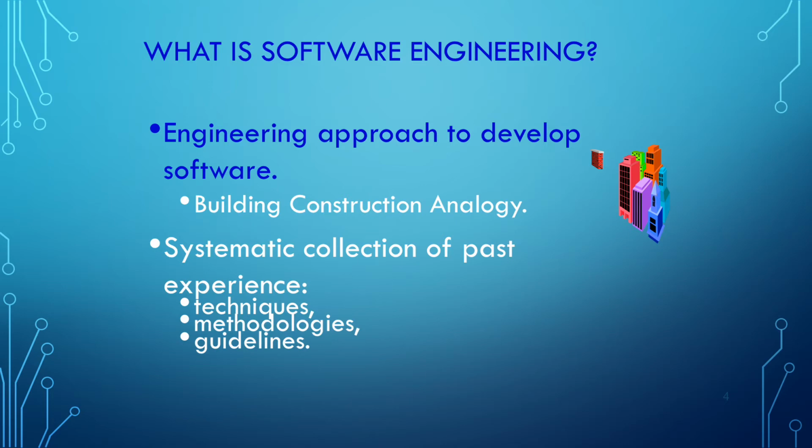That is why it is called a systematic collection of past experience, which I have already told you: a certain approach is decided based on past experiences. Experience includes techniques, methodologies, and guidelines. All three things are considered, and one approach is followed, and that is called the engineering approach. Correct. So I think it must be clear what software engineering is.